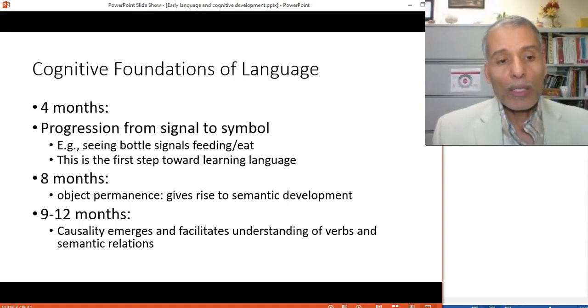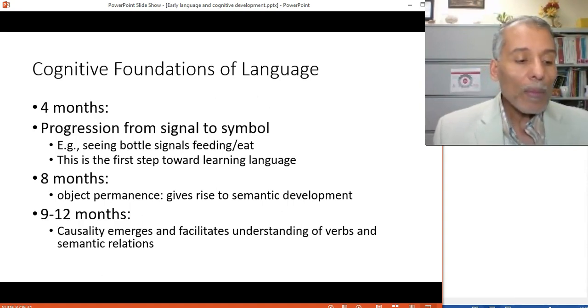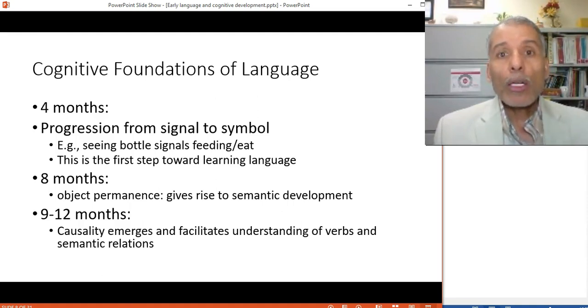From 9 to 12 months, children understand, and they are basically quite aware of the concept of causality. Understanding that something causes something else. And this has huge implications for behavior and for cognitive development.